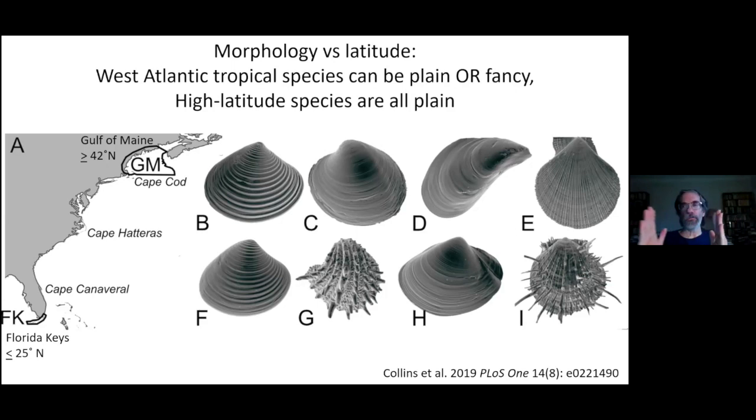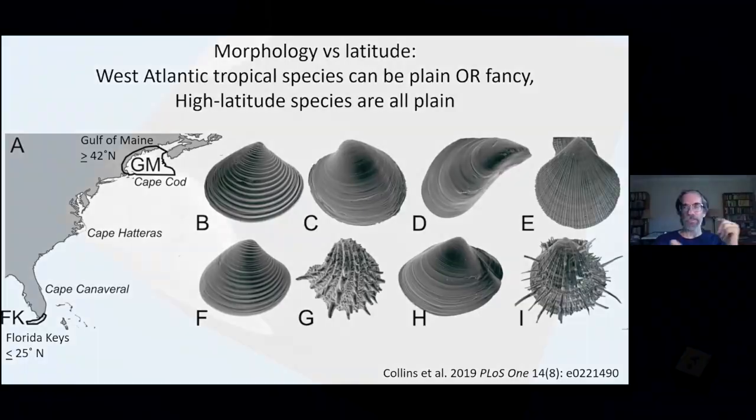We see the full range of shells from very plain to very spiny in the tropics, and then a narrowing of that range as we go to higher latitudes. A very different pattern from the expectation if it's all being driven by selection for shell defensive structures in the tropical areas. So again, we've learned something really interesting by this first pass through the shells that we can find with these 3D scanners.